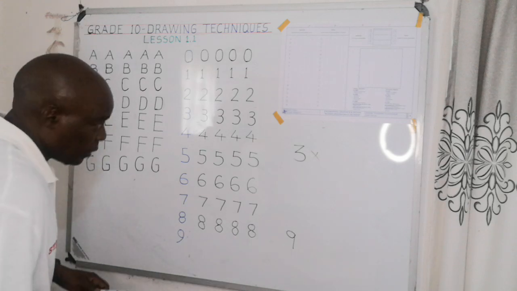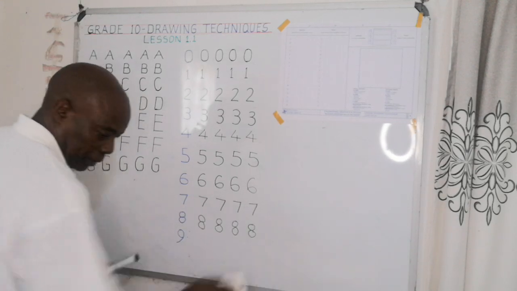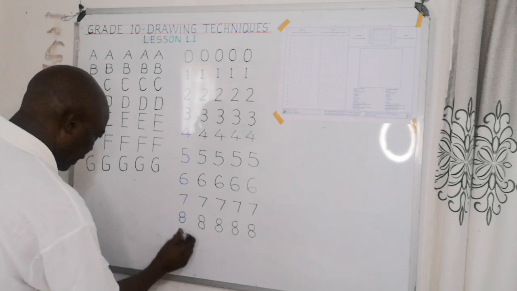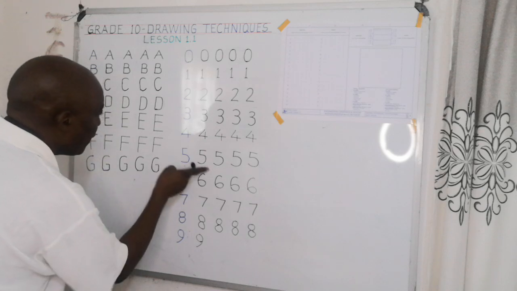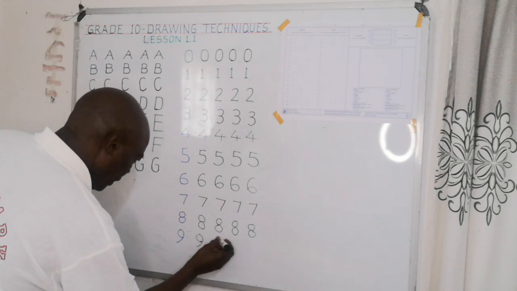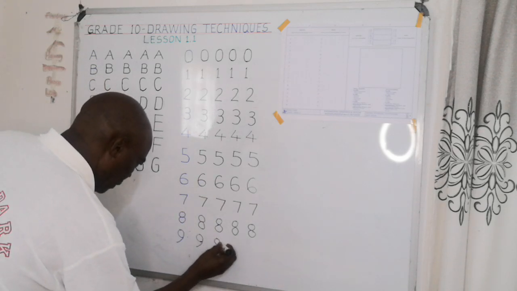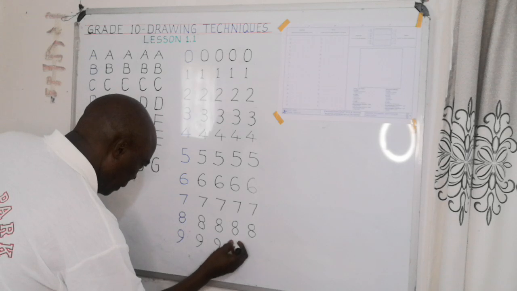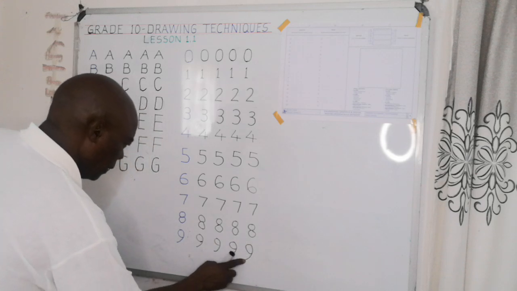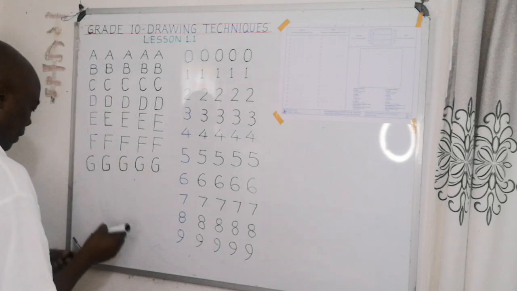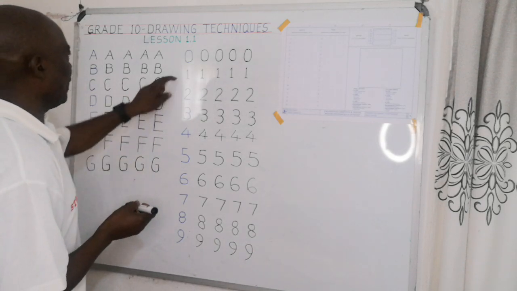Okay, so let me erase those. I'll try and maintain the same style. It's like a 6 just turned upside down, like that. That's our 9. So to write 10 is just 1 and 0.